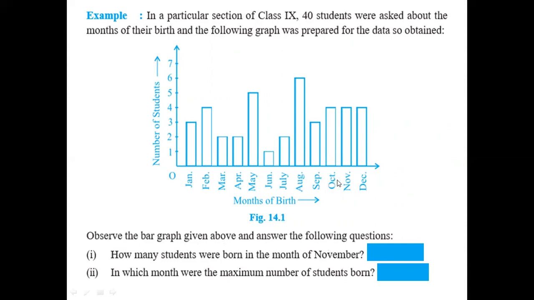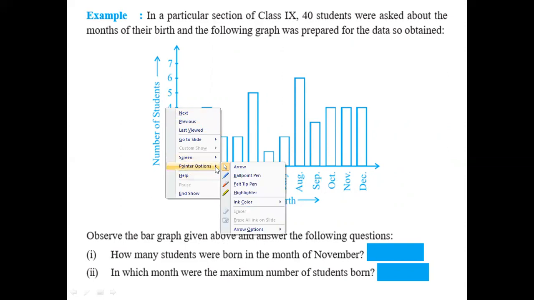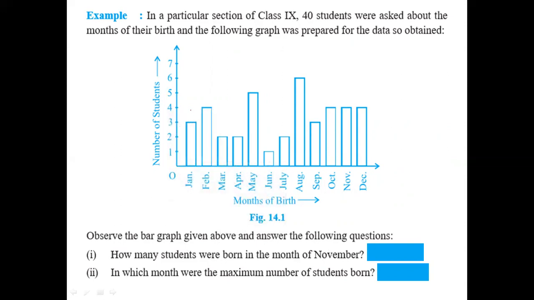So we go to November and come to the y-axis and we see that there were 4 students who were born in the month of November. I'll write down that there were 4 students who were born in the month of November.